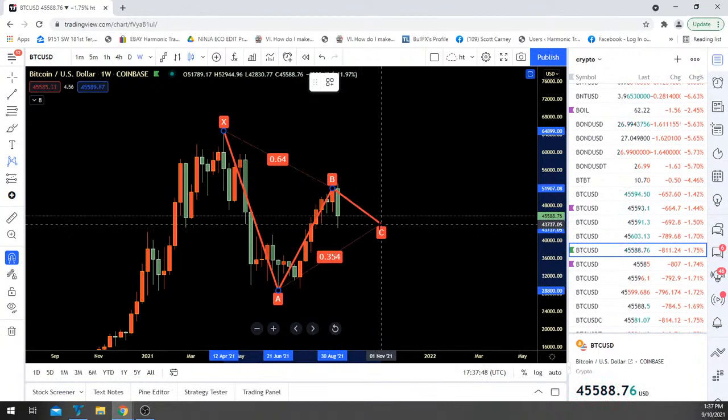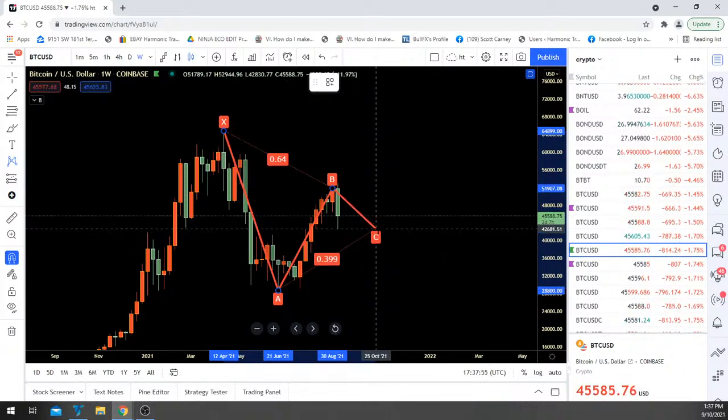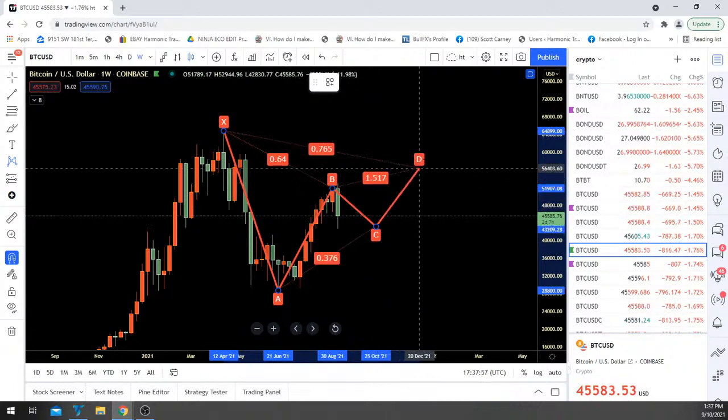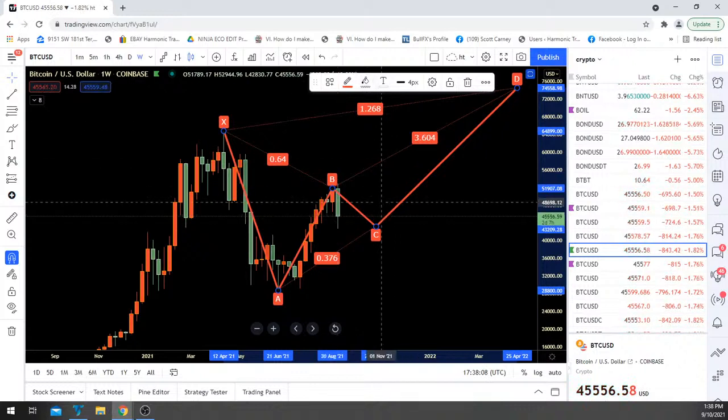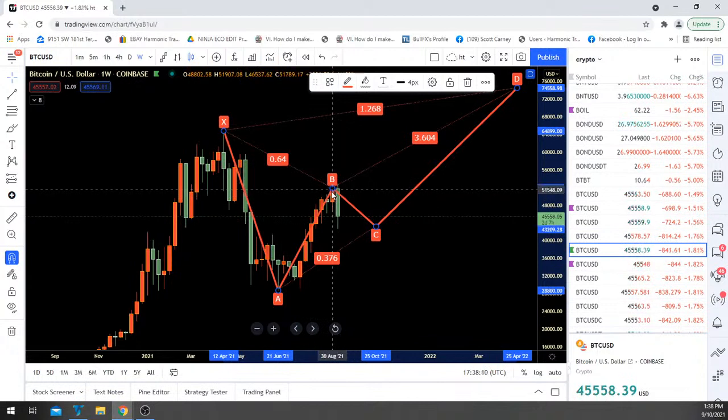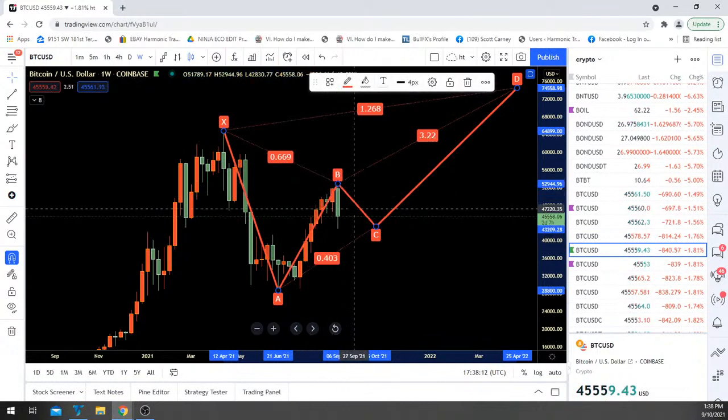That B point at the 618, all right, and then we get a 382 pullback, and look what happened. The whole 382 reaction happened in that instant. So it's another strange structure, but it's definitely, I think, absolutely, the beginning of that formation.